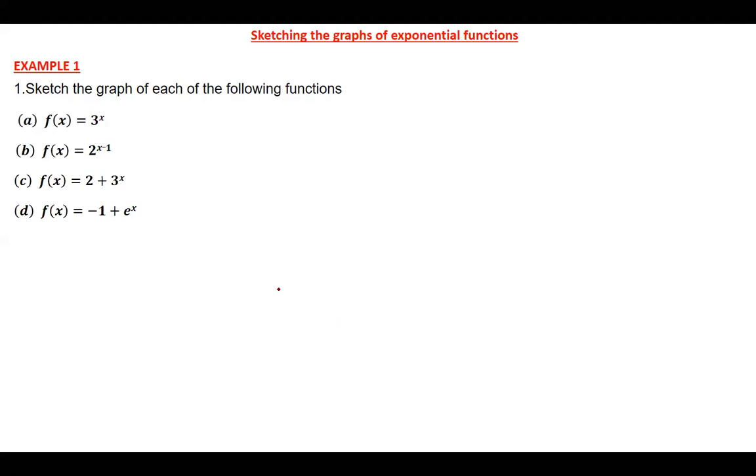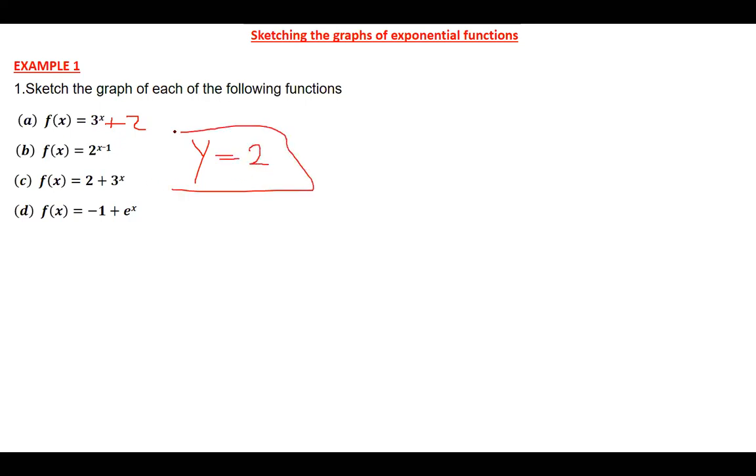To start with, let me start with this question. First of all, you need to identify your horizontal asymptote. According to this question, the horizontal asymptote is just the x-axis. It may have been a certain number if we had something on this side. If it was plus 2, we would have said the horizontal asymptote is y = 2.